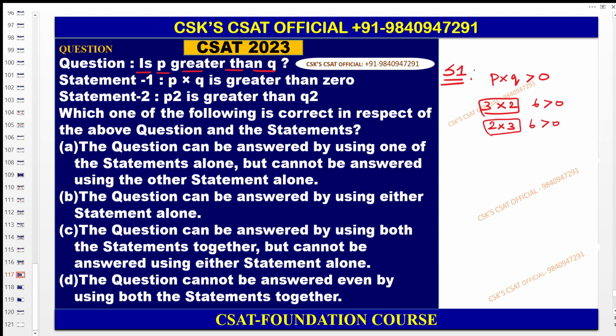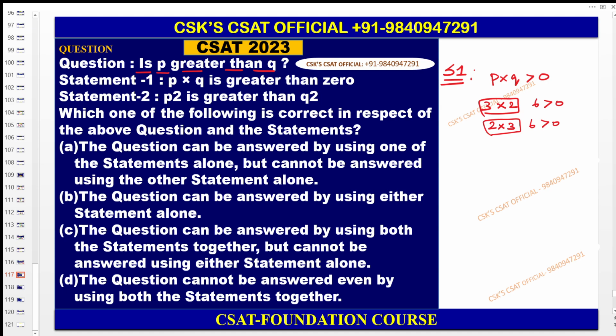With statement number 1, you can't say whether P is greater than Q. Understood, everyone?